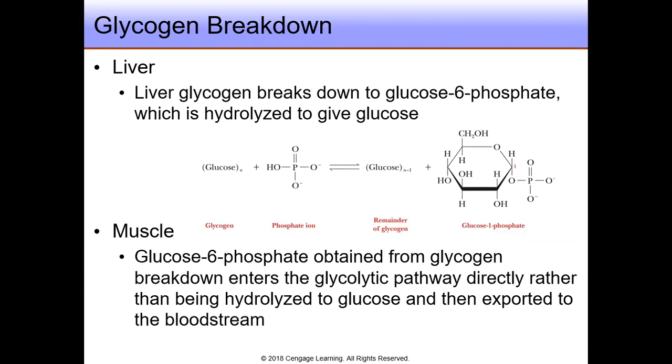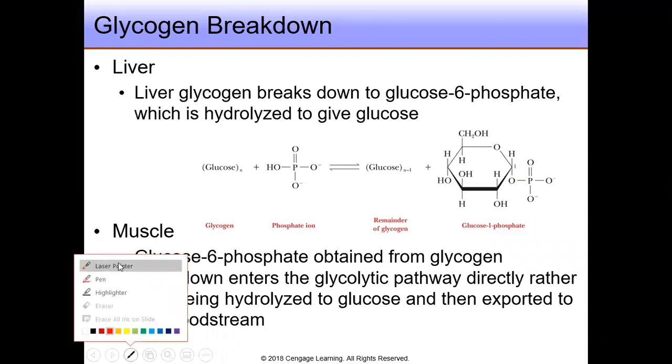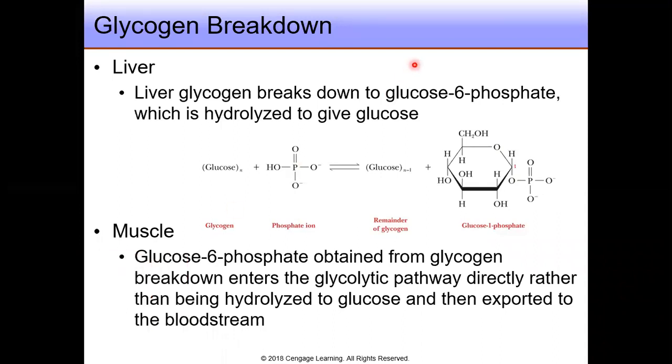The release of glucose from the liver by this breakdown of glycogen replenishes the supply of glucose in the blood. However, in muscle, glucose 6-phosphate obtained from glycogen breakdown enters the glycolytic pathway rather than being hydrolyzed to glucose and then exported to the bloodstream.